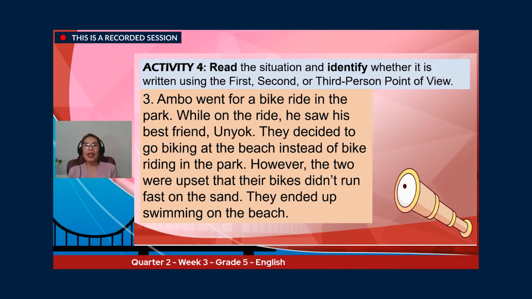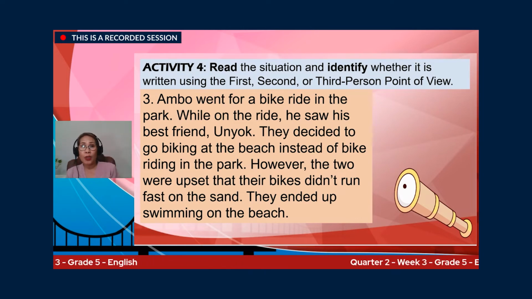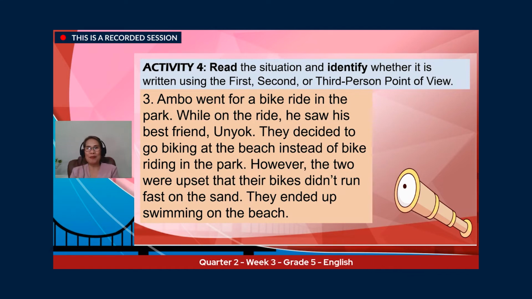They decided to go biking at the beach instead of bike riding in the park. However, the two were upset that their bikes didn't run fast on the sand. They ended up swimming on the beach. What do you think is the point of view there?